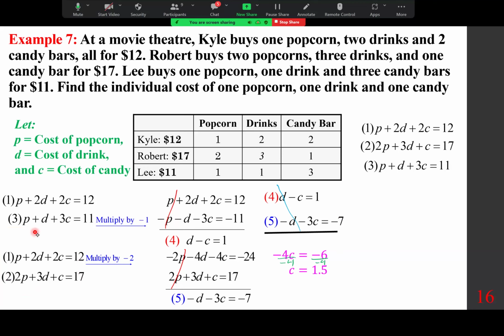You are going to use either equation 4 or equation 5 to get to d. So equation 4, d minus c, or d minus 1.5, equals 1. And clearly minus 1.5 becomes positive 1.5 on the right side. D is 2.5. And you can use any of the original equations.